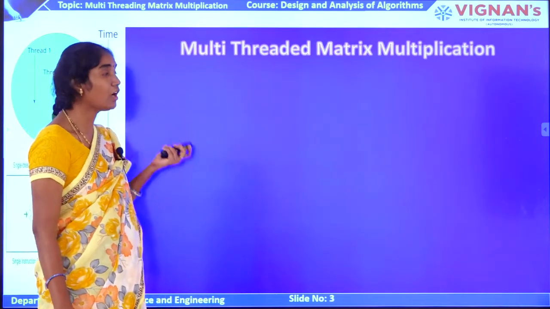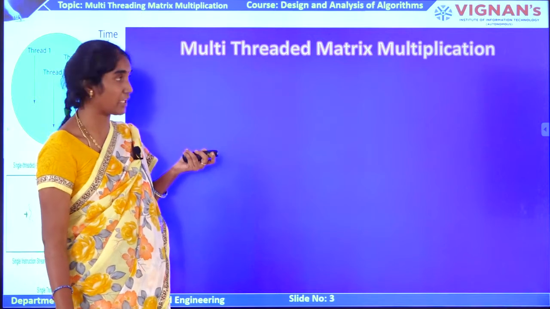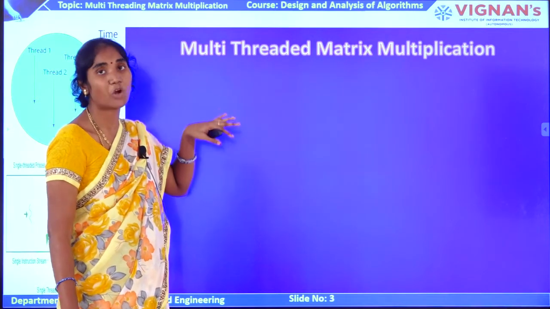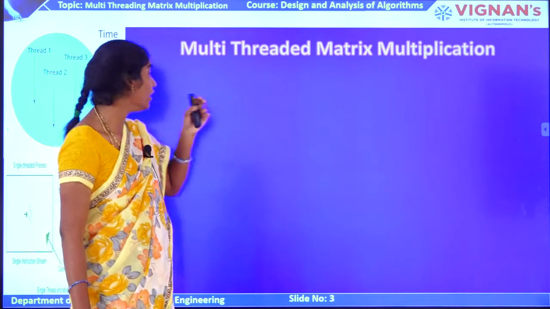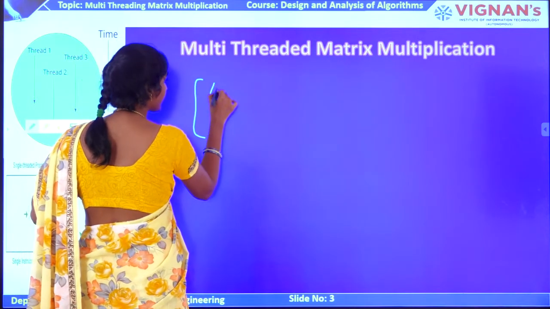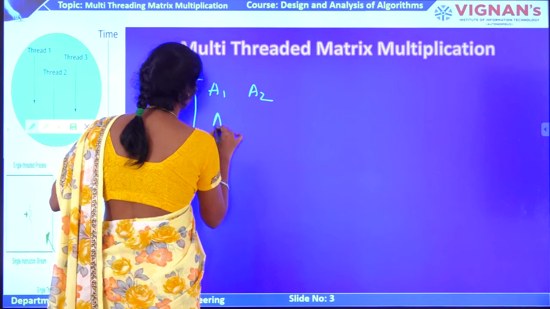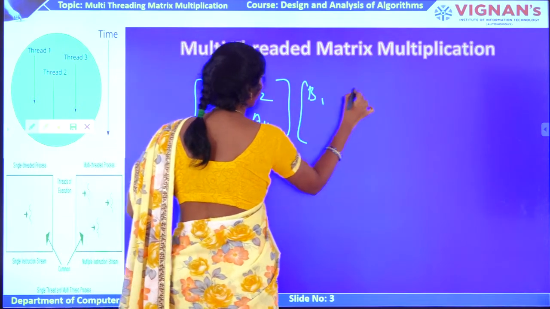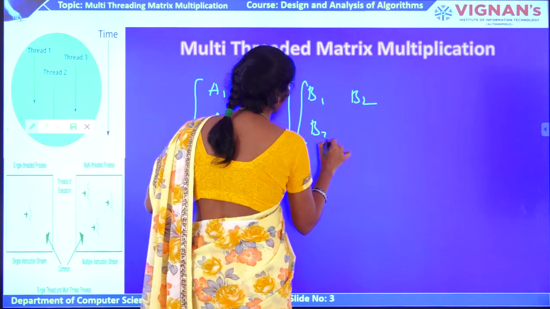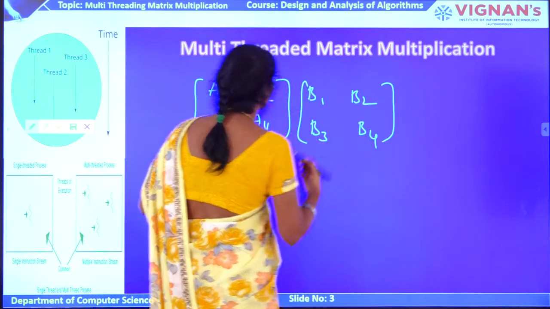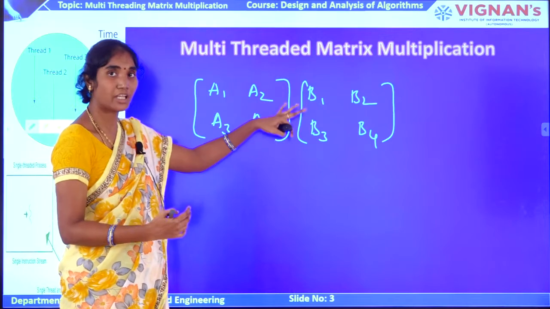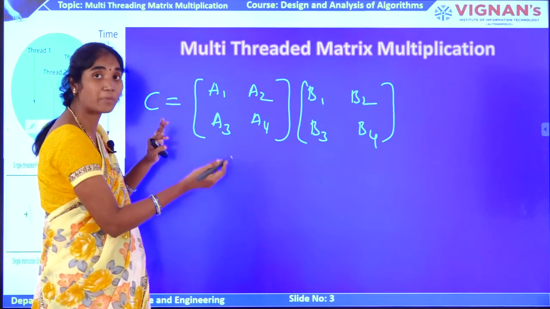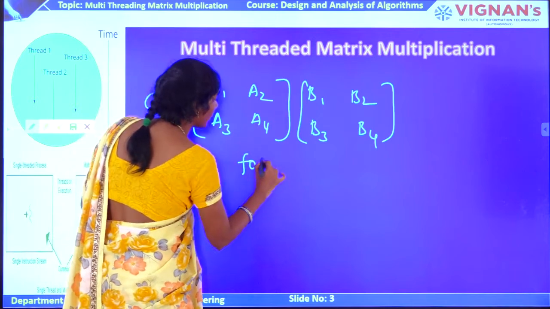Now, coming to how to perform this multi-threaded matrix multiplication. Before going to that, I want to discuss what is meant by block matrix multiplication, which you have already learned. Suppose I have two matrices A1, A2, A3, A4 and B1, B2, B3, B4, and whose result is C. In order to perform this matrix multiplication, I am utilizing 3 for loops.